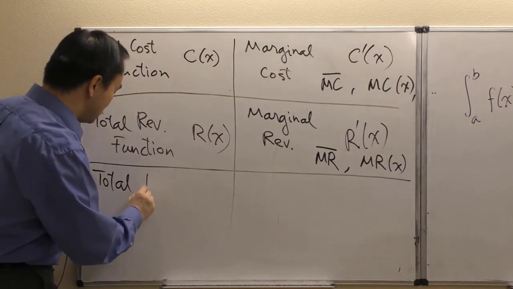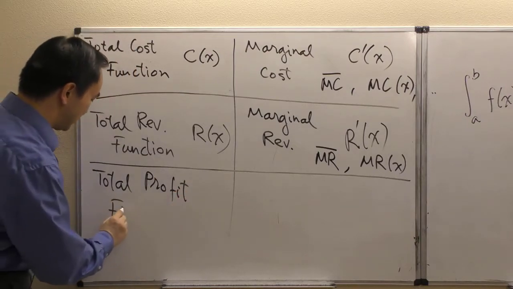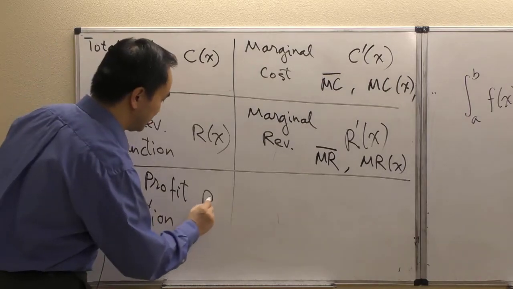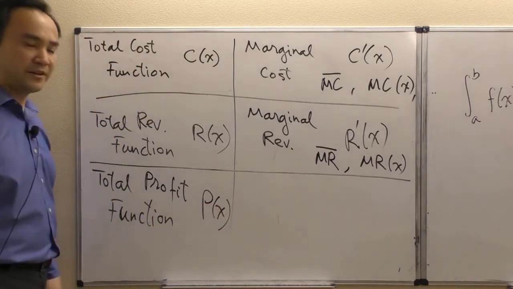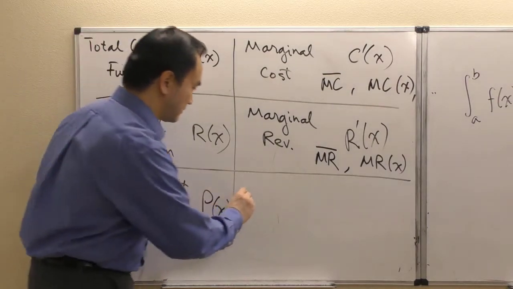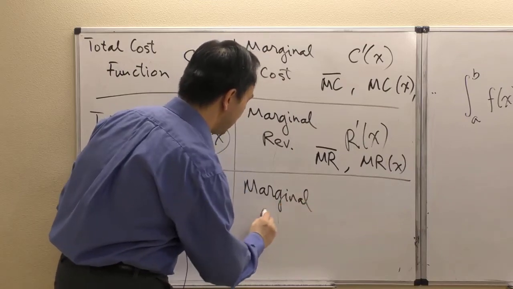So the total profit function, very commonly named as a capital P of x. And the corresponding marginal of that is called the marginal profit.